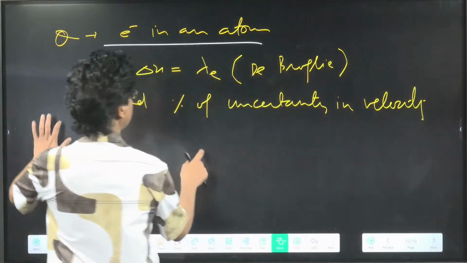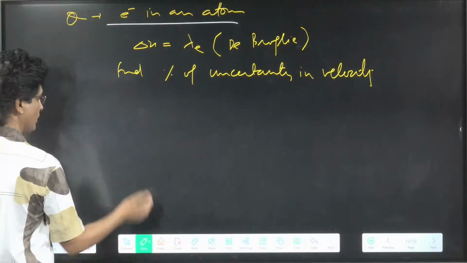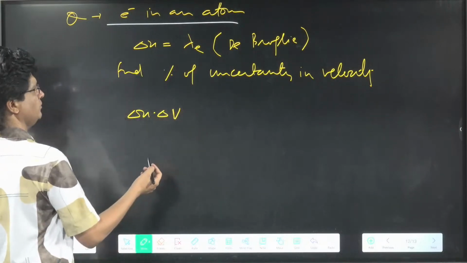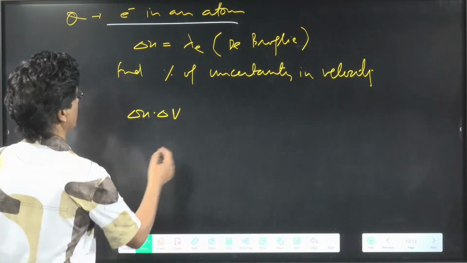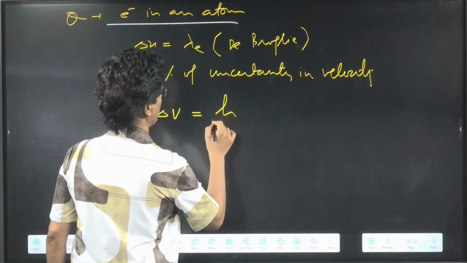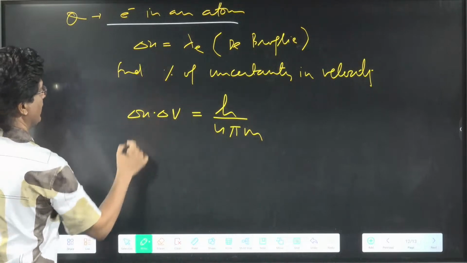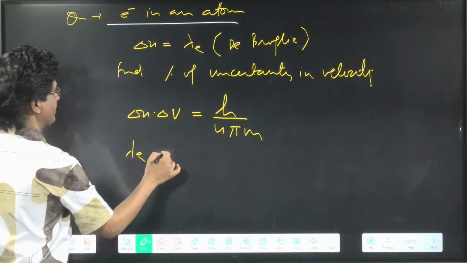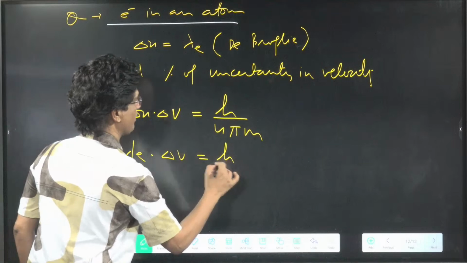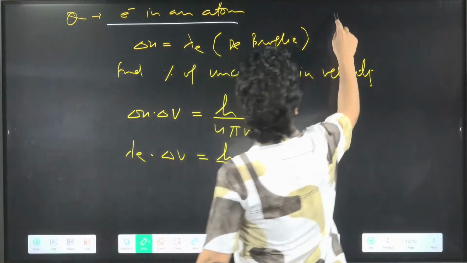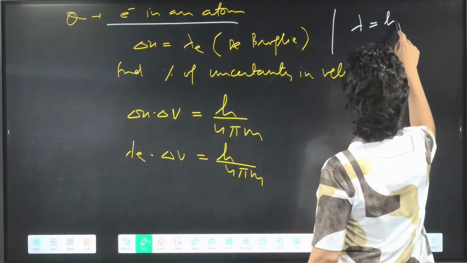Let's do it. We all know that delta x into delta v is equal to h upon 4 pi m. And delta x is what? Lambda of the electron. According to de Broglie, we all know that lambda is equal to h upon mv.